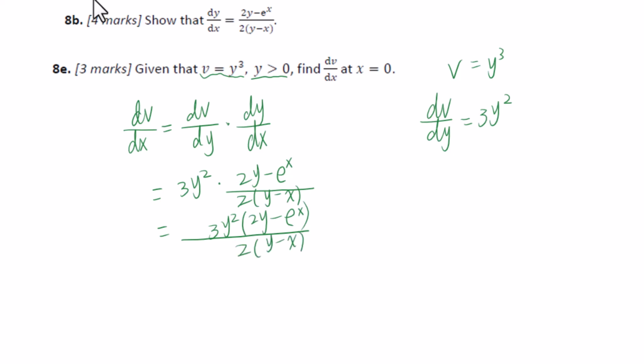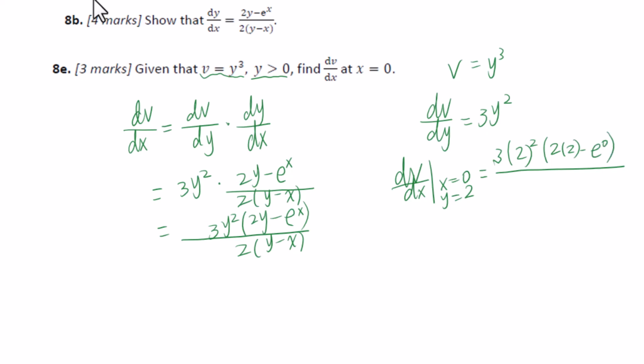I'm looking for dv by dx at x equals 0. We know y equals 2. So we do the substitution: 3 times 2 squared times (2 times 2 minus e to the 0 power) over (2 times 2 minus 0).